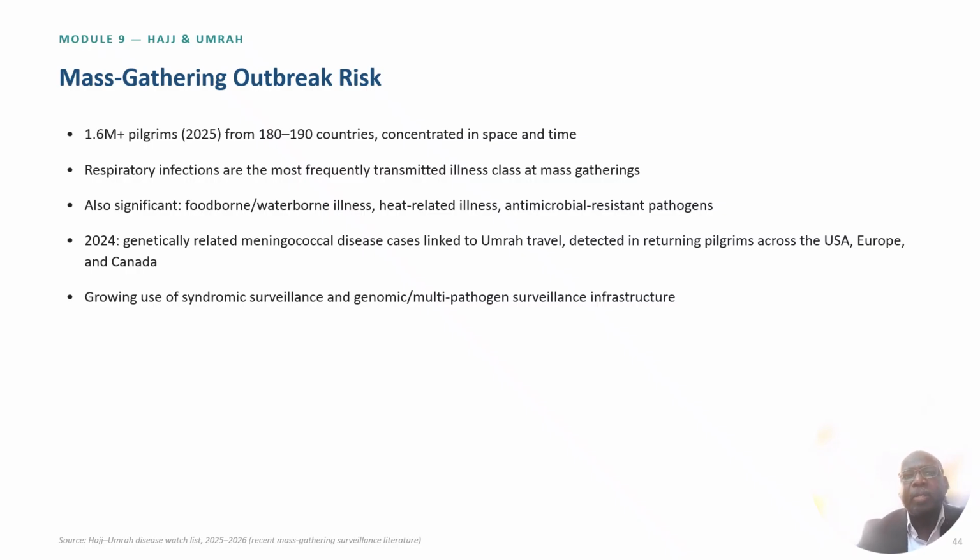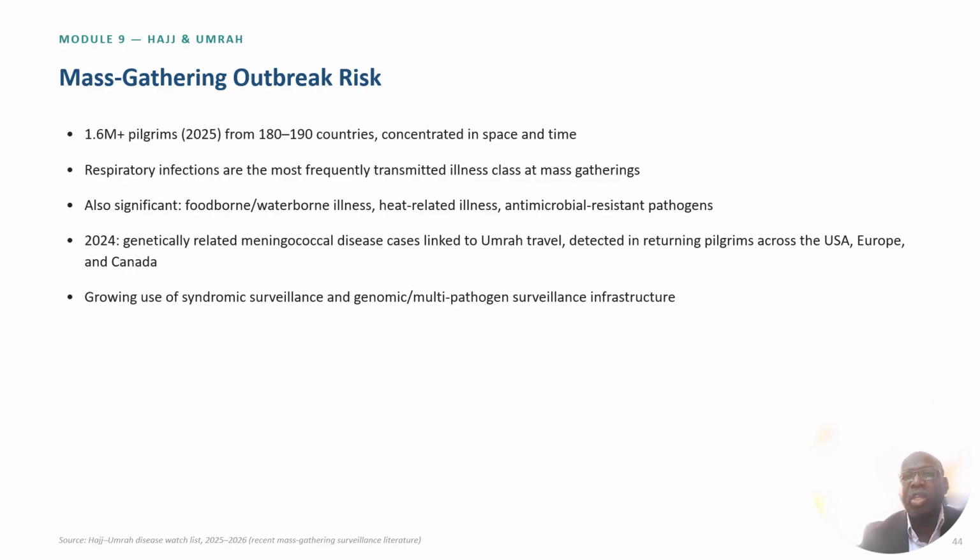Some mass gathering outbreak risks: we talk about 1.6 million pilgrims in 2025 coming from all over the world, you can say 100% of countries represented, all together in one place. What are we expecting?